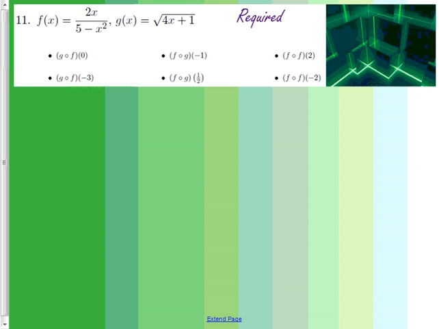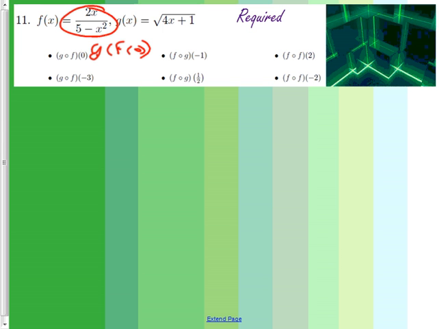Number 11. F of g of 0. That's the same exact process. This shouldn't be too tough. G of f of 0. So I got to do f of 0. So I put a 0 in here. Does that crash my function when it makes the top 0? No, it's just a 0.